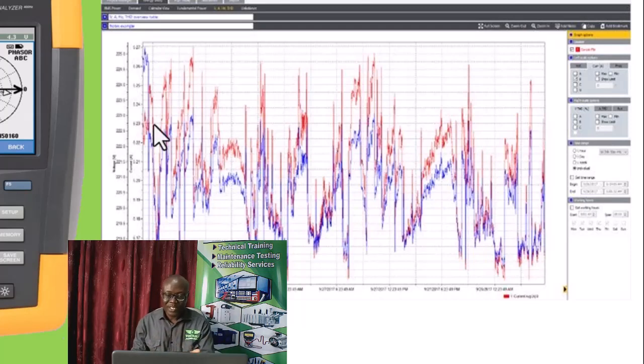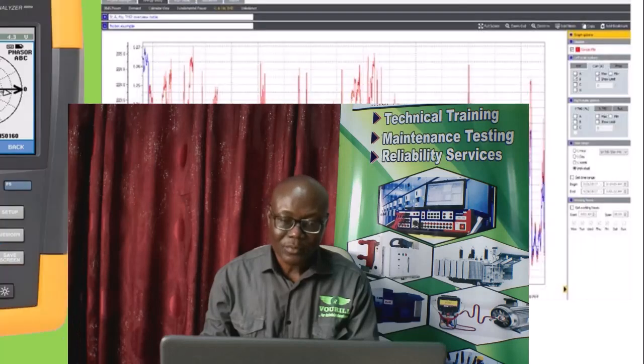They are clearly visible, the dips and the heights, or let me say the valleys and the highs on this graph.